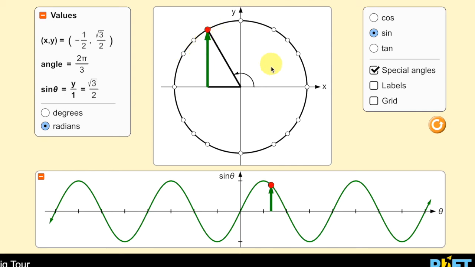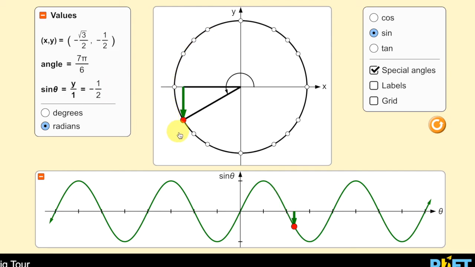So you can see that if I move around 2 pi on 3 for my angle, then I achieve sine of that angle equaling the square root of 3 on 2 as well. So here we've got two solutions. And if I keep on moving about, I get a similar solution here, but it's the negative.